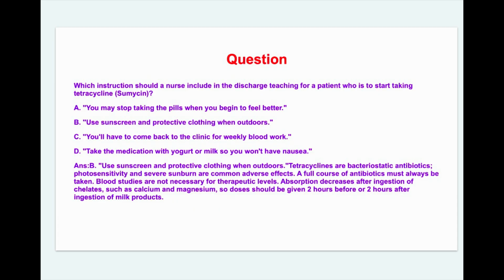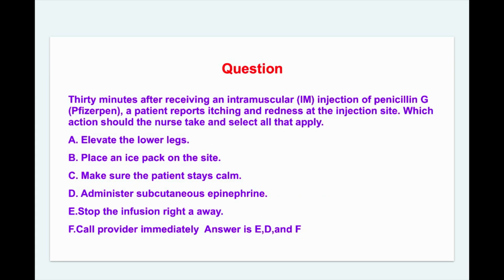Next question: 30 minutes after receiving intramuscular or IV penicillin, a patient reports itching and redness at the injection site. Which action should the nurse take? Select all that apply. Number one, if it's IV, I will definitely stop the infusion right away and then call the provider.